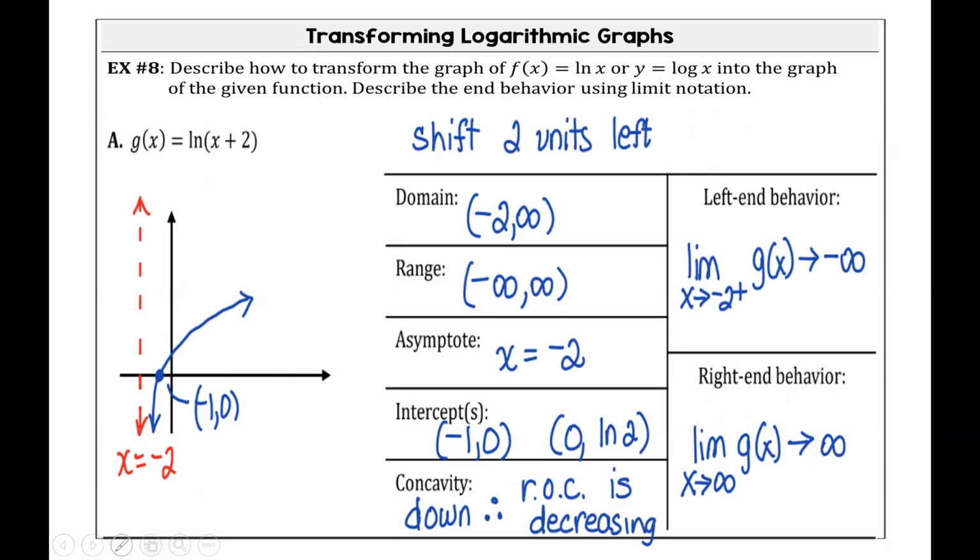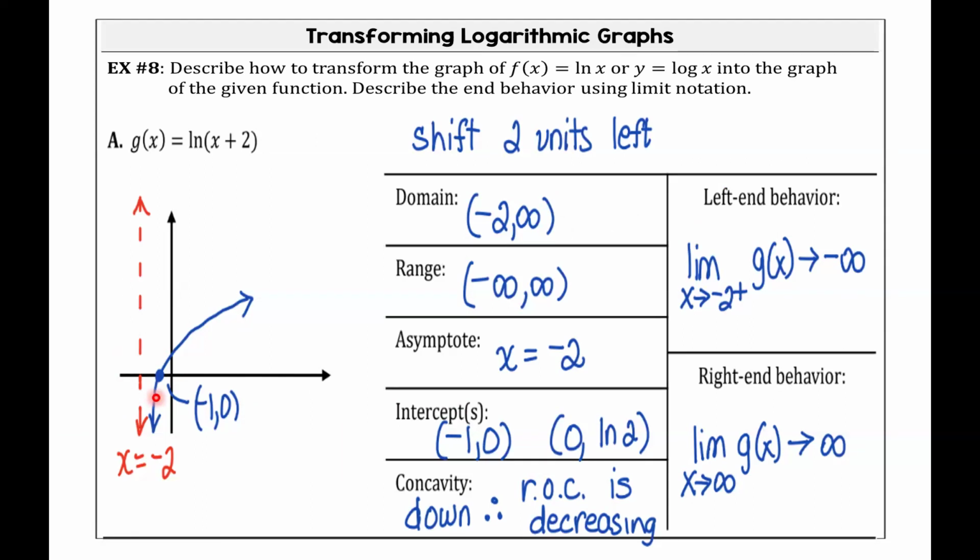Notice here that I made an error, because -2, 0 is on the asymptote, I can't go there. Remember, all initial intercepts start at 1, 0.